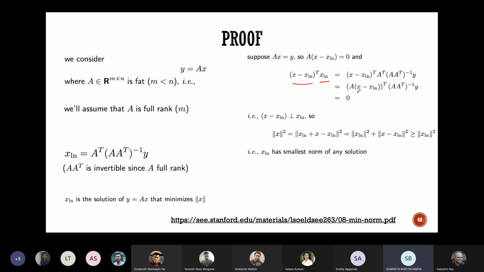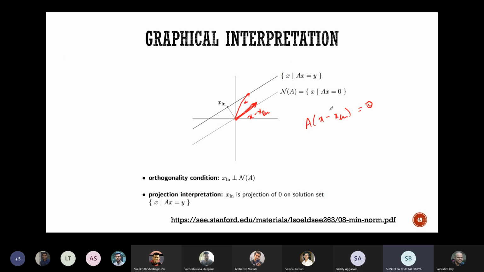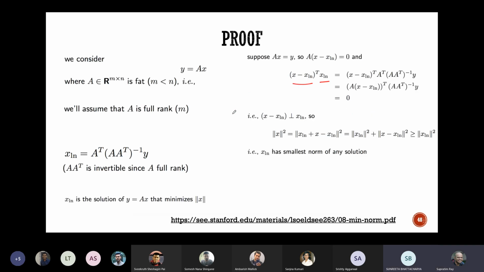In the next slide, this orthogonality condition, I'm asking about that one. Yeah, so that's this. This is the same orthogonal thing, because this transpose, this is 0.